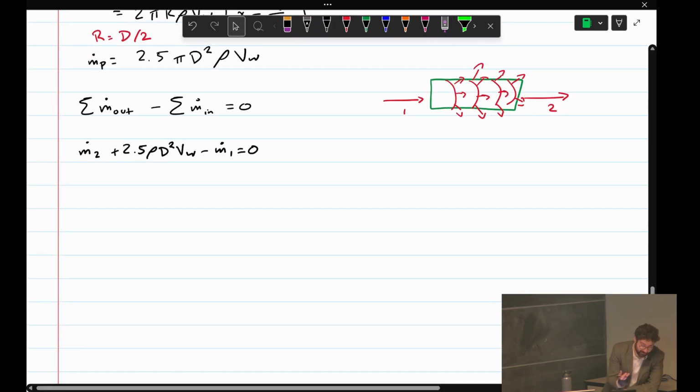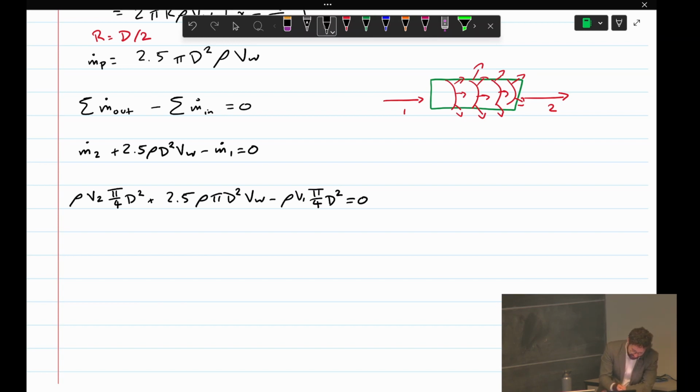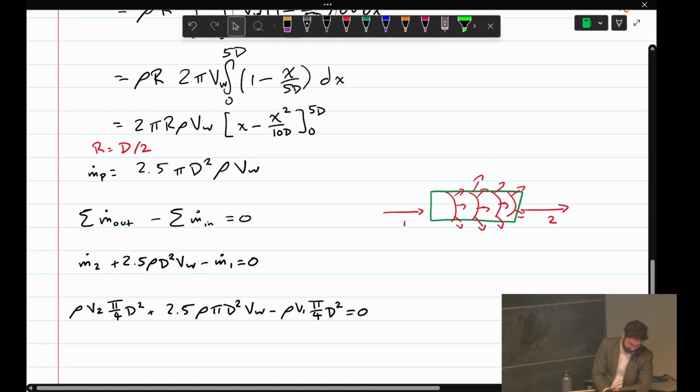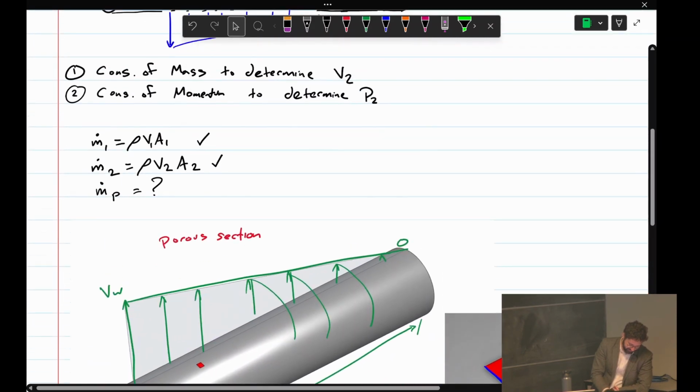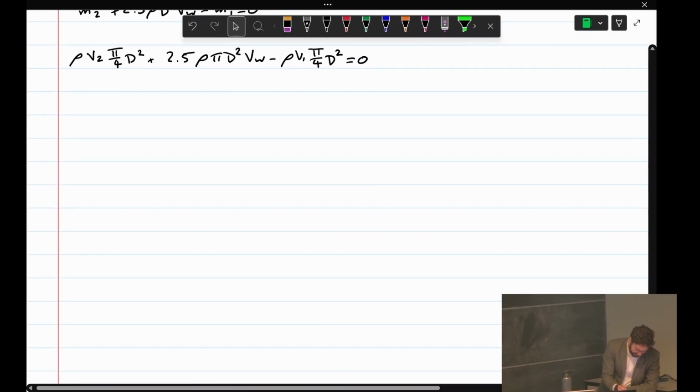So we can write this all in terms of velocities and diameters and everything. The diameter is the same at 1 and 2. If we go back to the problem, the diameter is the same at 1 and 2, so we don't have two different diameters to account for there.